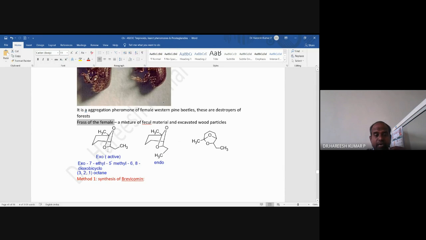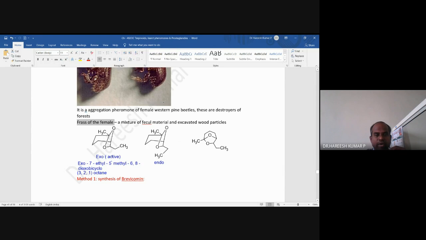So what is the IUPAC nomenclature of this? Exo means the ethyl group is away from this chair form. Then you can say exo-7-ethyl, this position is called 7-ethyl, 5-methyl, this position is called 5-methyl, 6,8-dioxa, this oxygen place 6,8-dioxa, and you know that it's a bicyclic compound.